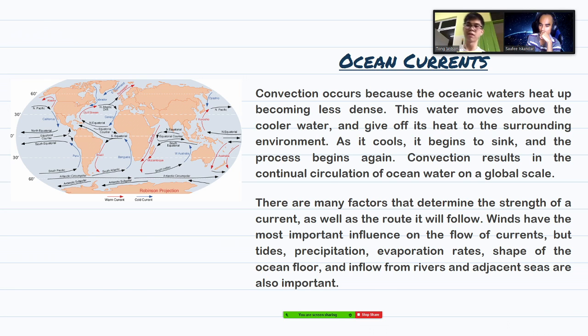There are many factors that determine the strength of a current, as well as the route it will follow. Winds have the most important influence on the flow of currents, but tides, precipitation, evaporation rates, shape of the ocean floor, and inflow from rivers and adjacent seas are also important.